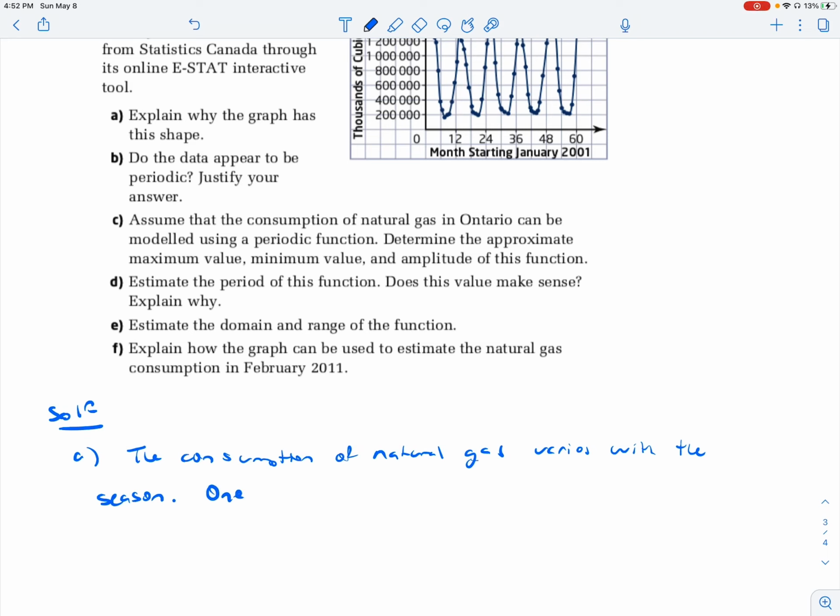We can say one expects consumption to be high in the winter and less in the summer.